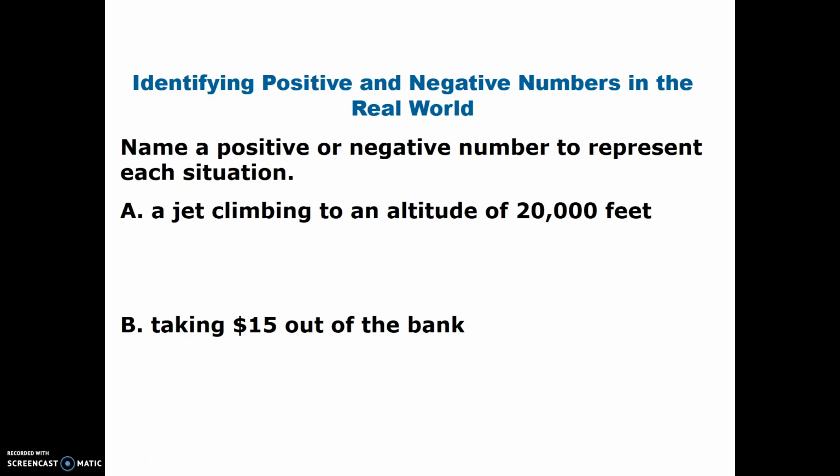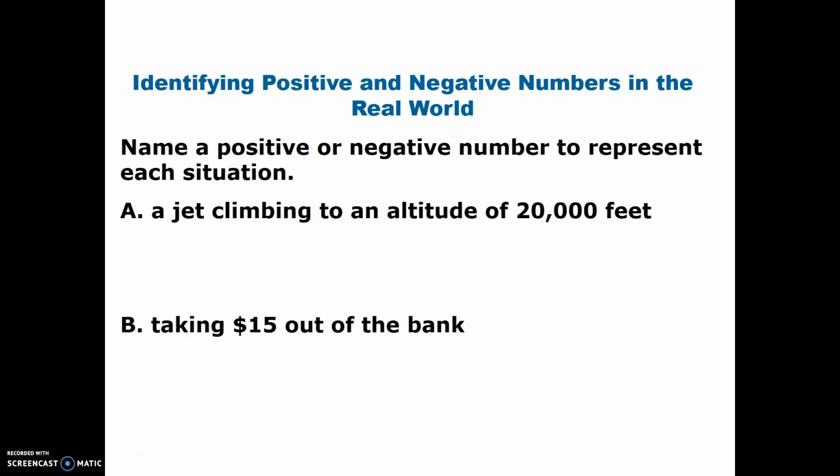So let's look at letter A. A jet climbing to an altitude of 20,000 feet. If the jet is climbing to an altitude, it's going up in the air to 20,000 feet. So we have to have a reference point, and typically the ground would be our reference point. Things like sea level would be a reference point. Anything above that would be positive, and anything below that would be negative.